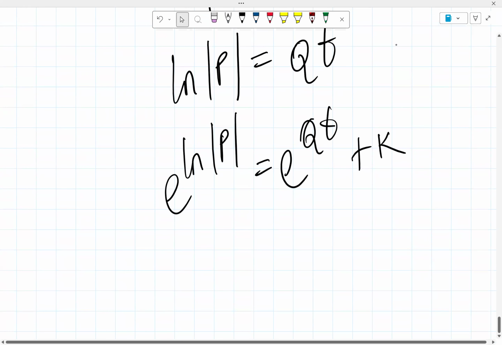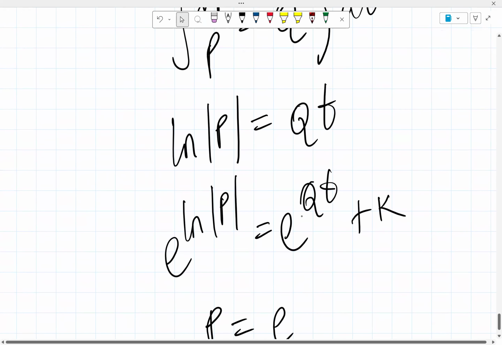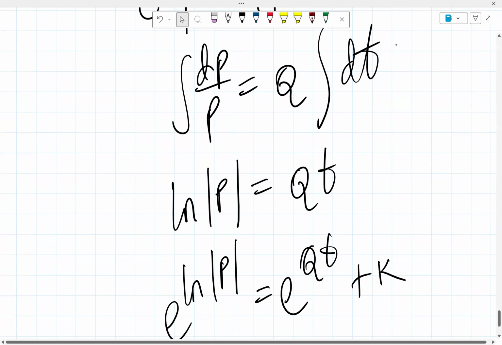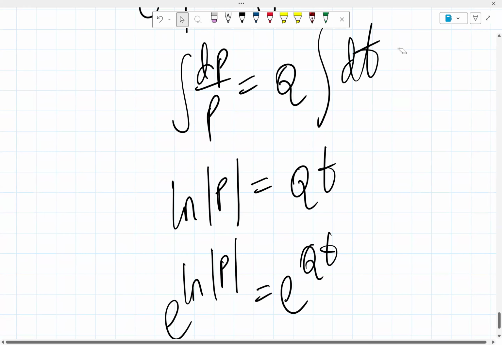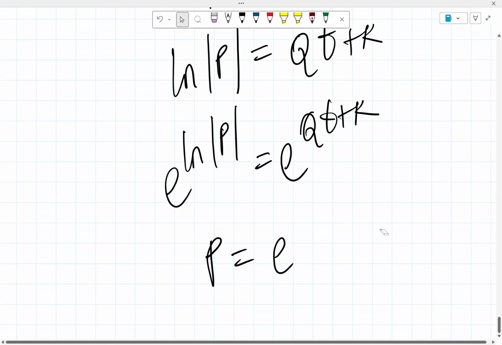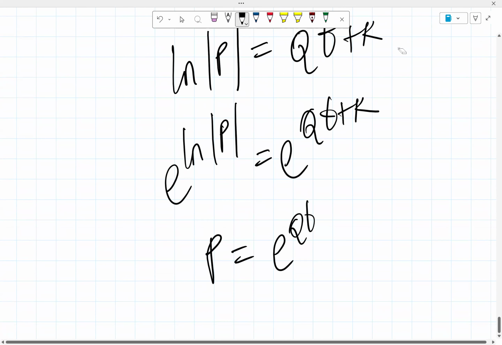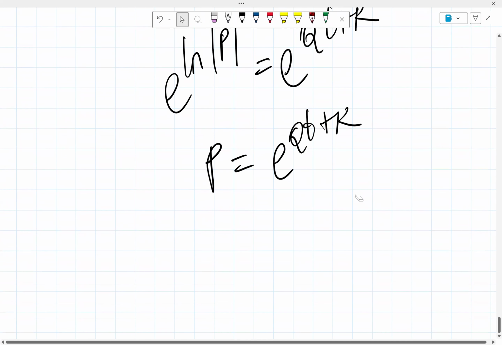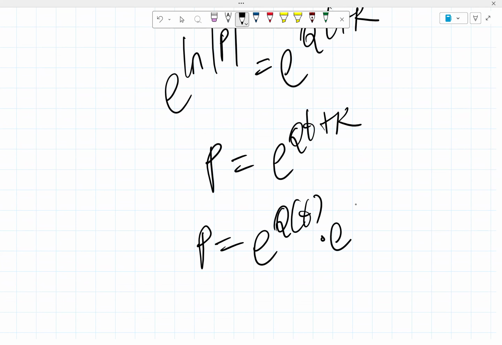So now P equals e raised power, okay, when we integrated, the k should have been here. This is plus k. So we then have P to be e raised power Qt plus k. And then P equals e raised power Qt times e raised power k.